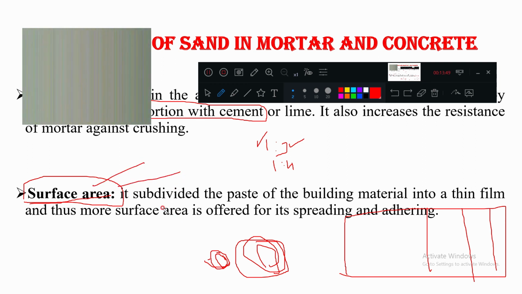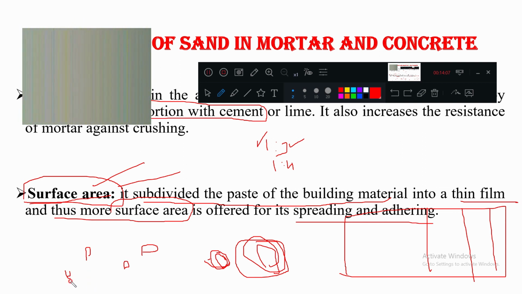The building material paste is subdivided into a thin film, and thus more surface area is offered for its spreading and adhering. Here more sand particles are there, and cement paste is covering the surface. So in that case, more surface area is obtained for spreading and adhering.